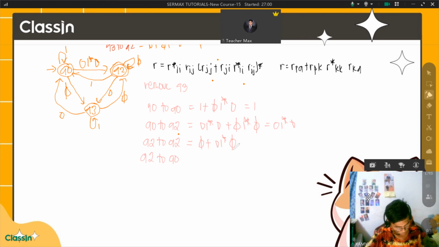So therefore, by simplification, plus 0, 1, clean star, and null times with, it will become null, null times 0, it will become null, plus null will become null.